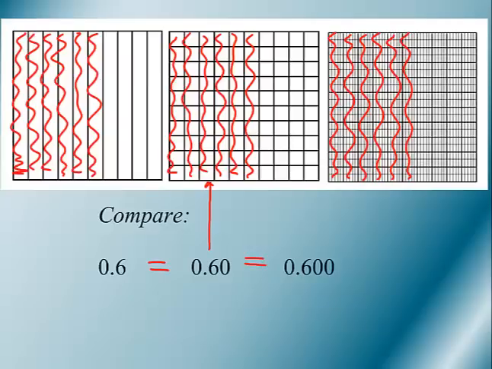And if you compare them with the numbers, I see we have a 0 in front as the whole number, and then we have a 6 in the tenths spot, a 6, and a 6. Next, what do you think would come behind this 6? Yeah, a 0, a placeholder. And remember with decimals, we can add as many zeros as we need, as long as it's after, or to the right of, the decimal. So in this case, all three of these numbers are equal.